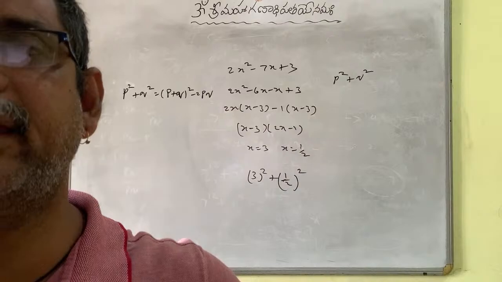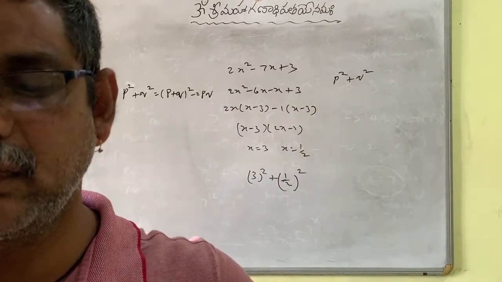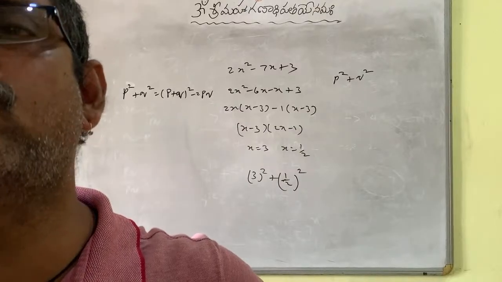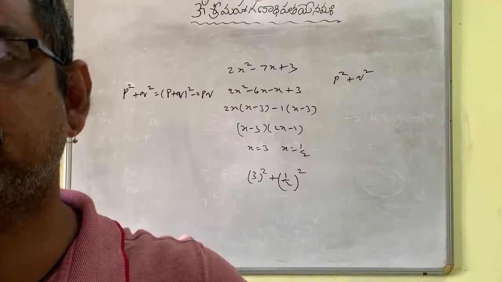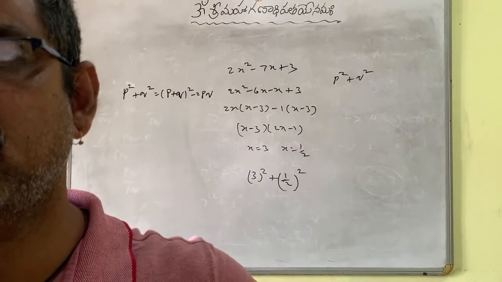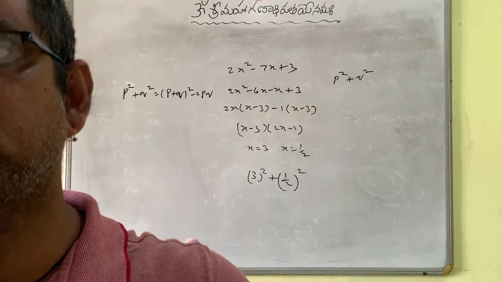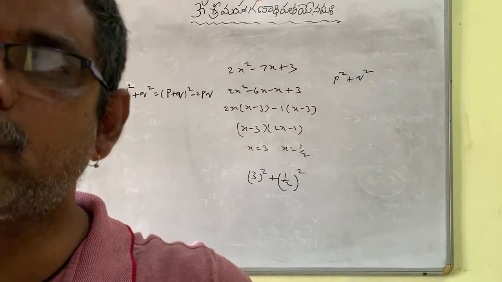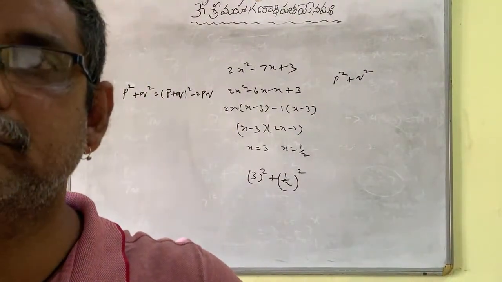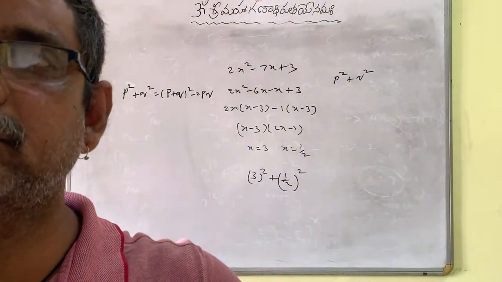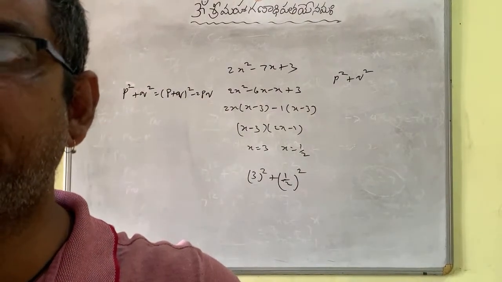What he is saying is that P is a factor of the roots of one of the given equations, so P should be a zero of that particular quadratic equation.